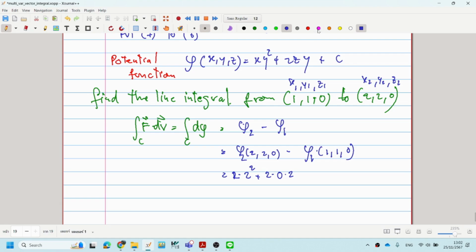Don't care about C, right? C minus C, it can be rejected together, it doesn't matter to count it in.